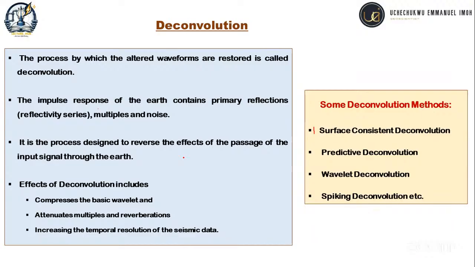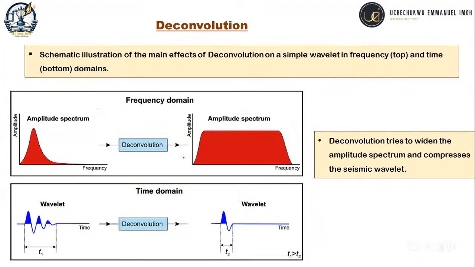The one with great processing had a better deconvolution done on it. If you remember my description, I said the second image looked like it was drawn with a sharp pencil, while the first one looked like it was drawn with a blunt pencil. So these are the effects of deconvolution. Your deconvolution will compress the wavelets.